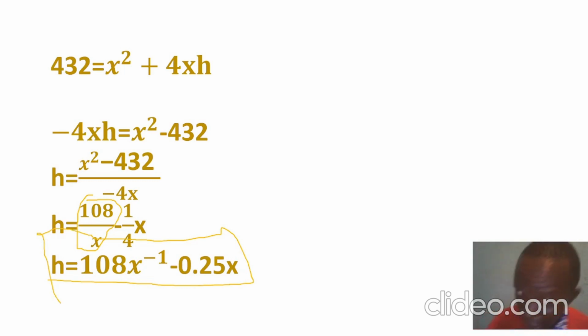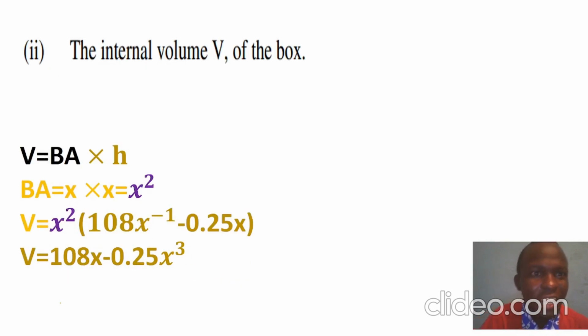Now we have seen how we are supposed to express the height in terms of x. The question will guide us on what to do next. Let us look at what you're supposed to find: the internal volume of the box.